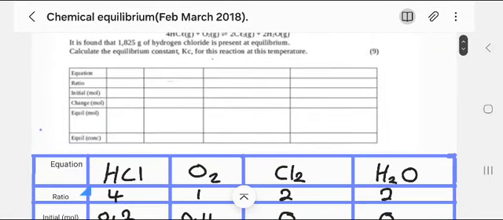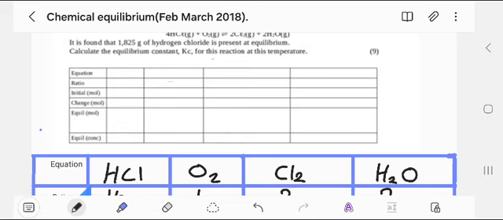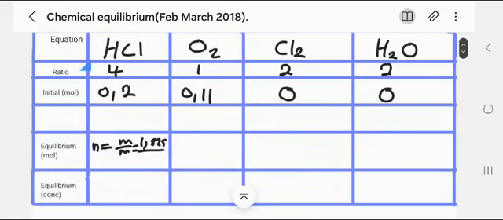Go to your periodic table: hydrogen is 1, and chlorine is 35.5, so 36.5 in total. Divide by that.